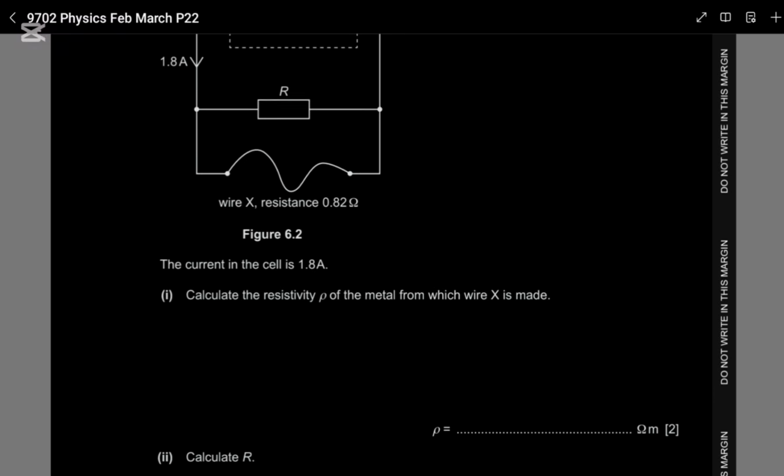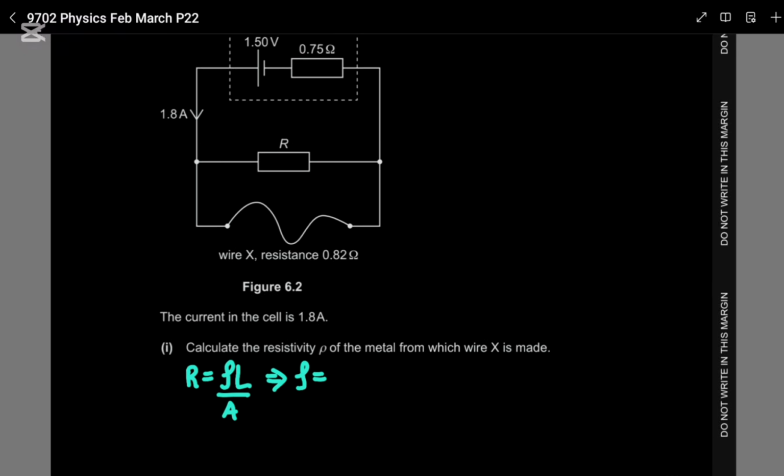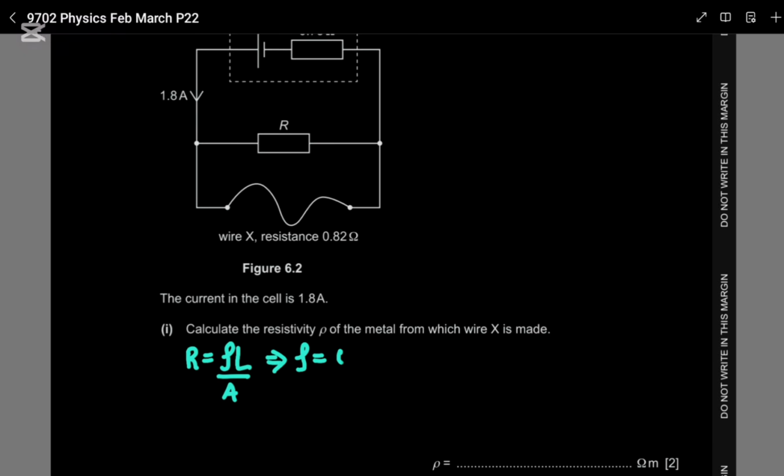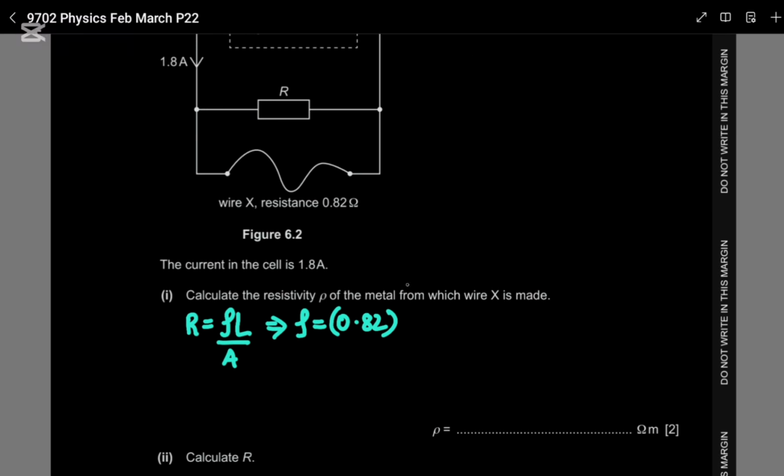Now part I, calculate the resistivity of the metal from which wire X is made. Now R is equal to rho L over A. They want rho, the resistivity. Rho is going to be the resistance, which is 0.82, times the cross-sectional area, which is 2.0 times 10 to the power of minus 7, over the length.